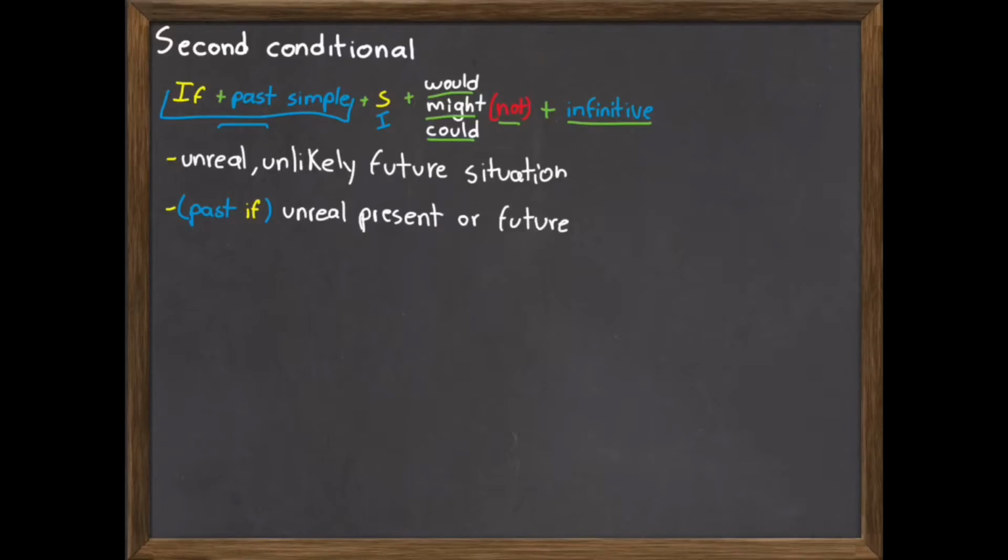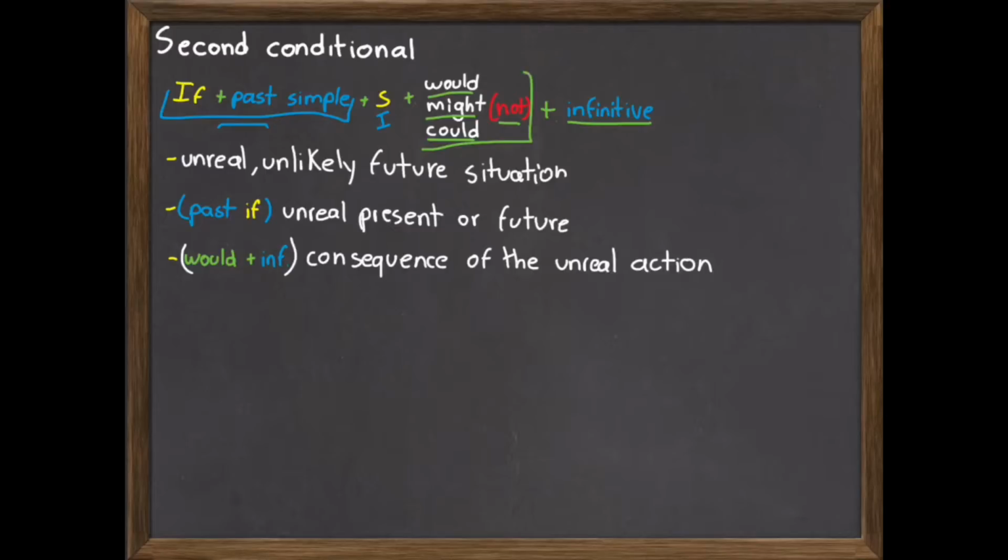That means the person doesn't have time, so they can't do the action that they say they would do. And the last one is would, and then the infinitive verb. As you saw over here, you could use would, might, could, or the not form of these verbs.